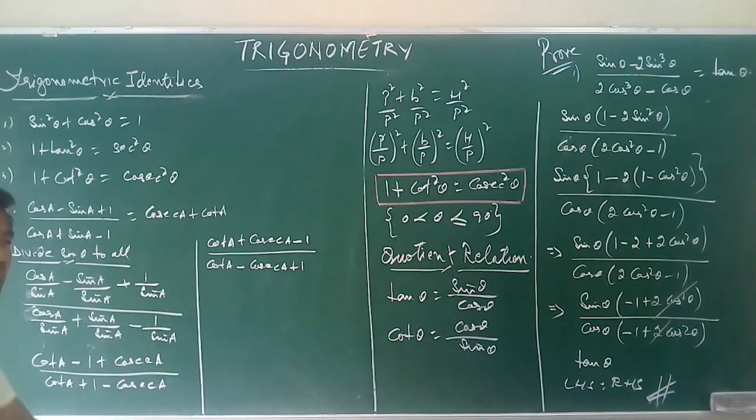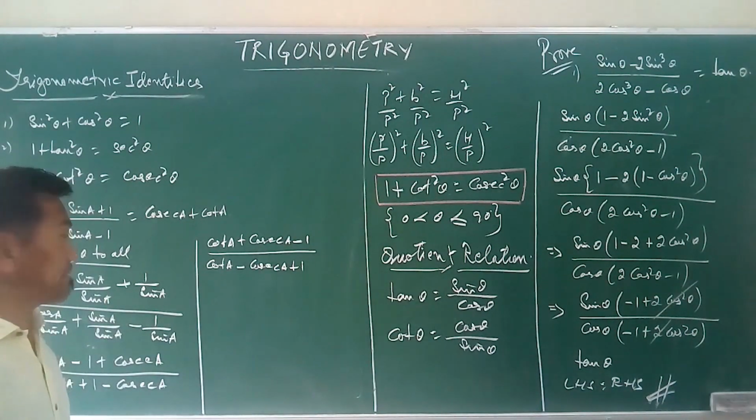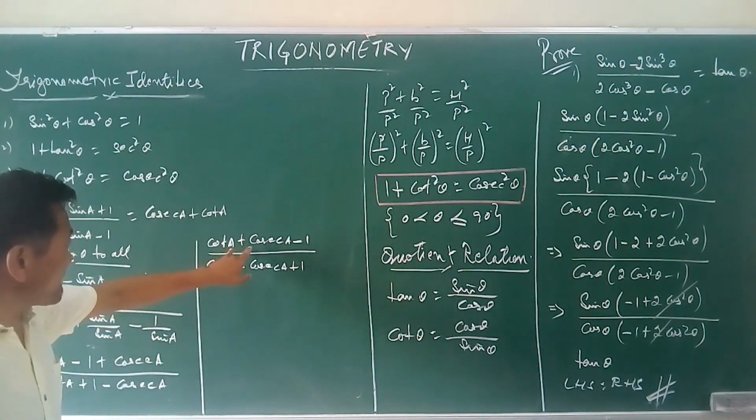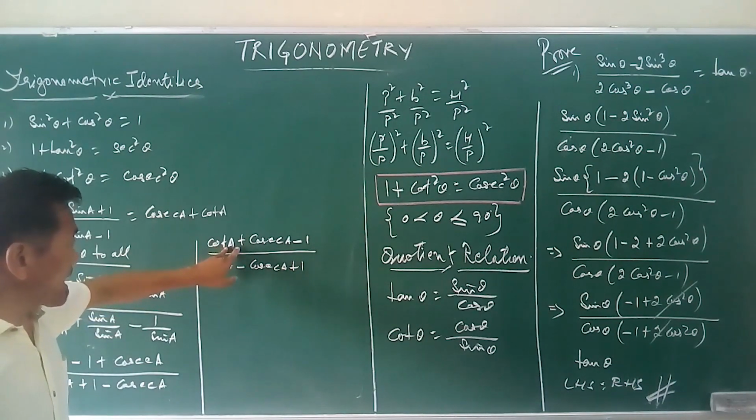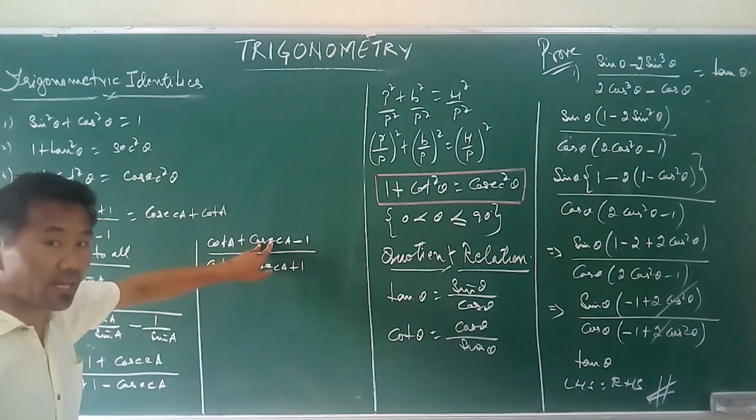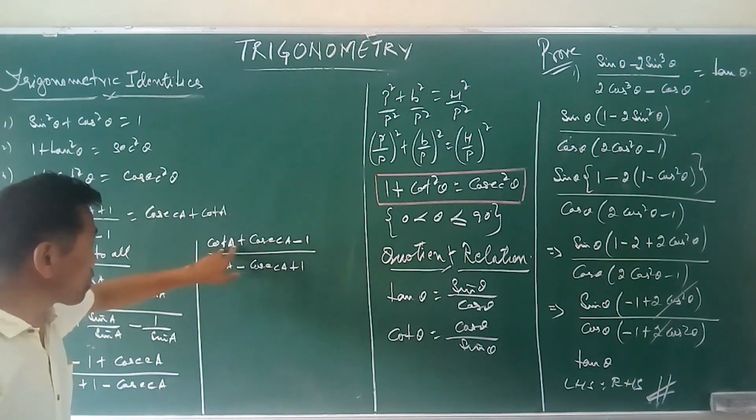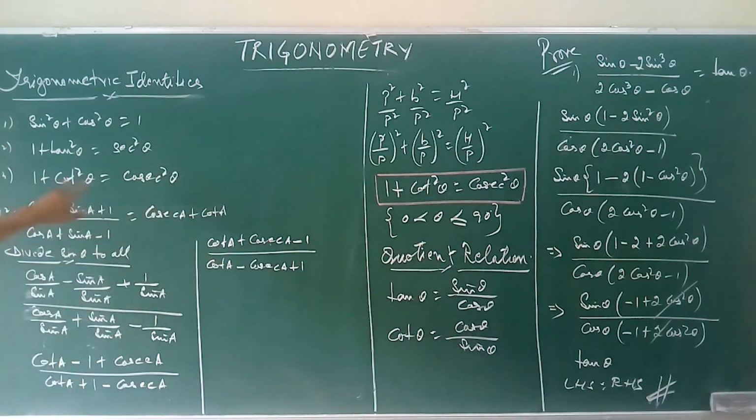Now another important identity that we have relates cot and cosec, which says that cosec squared theta minus cot squared theta is equal to 1.